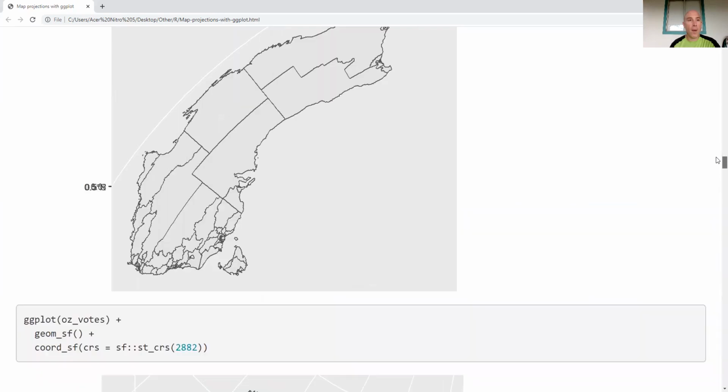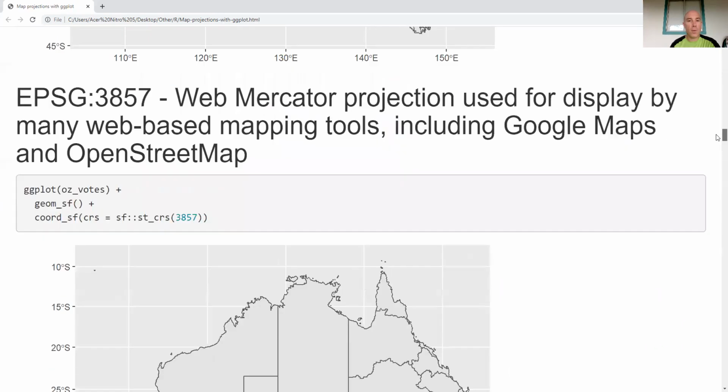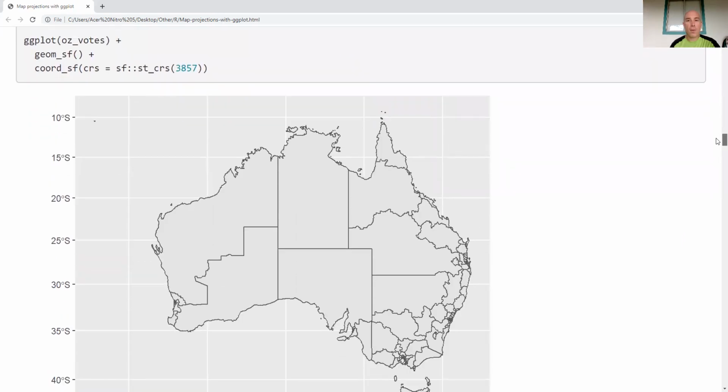All right, so I'll go back up to this one. So that's a good stopping point.